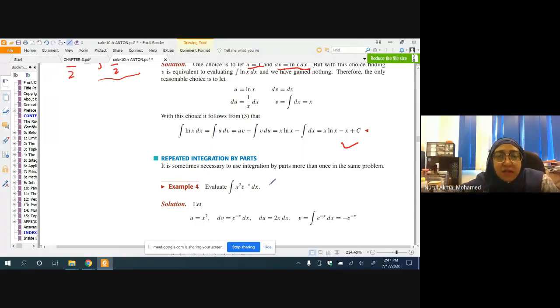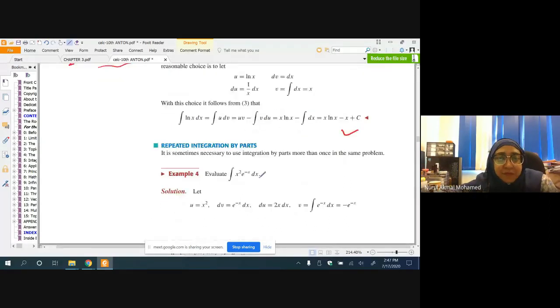So let's look at example 4. If you have this integral here, x squared e to the power of negative x. If you choose u equal to x squared, your dv will be the other part, which is e to the power of negative x dx.